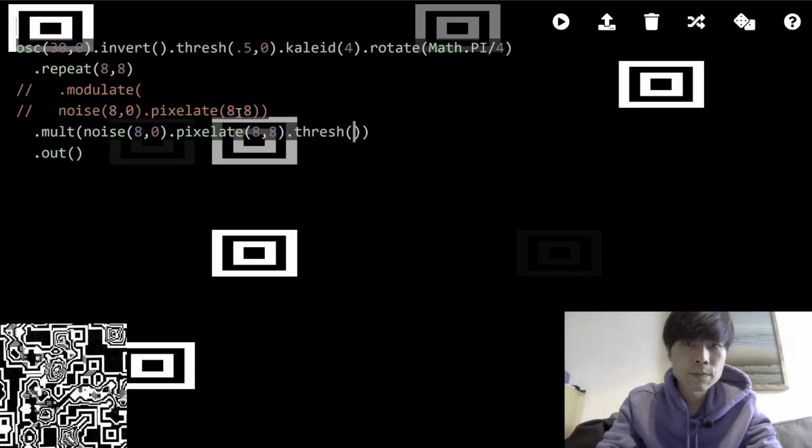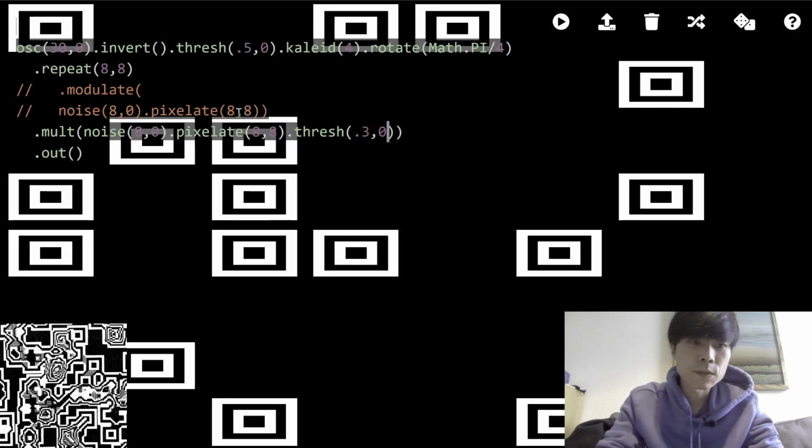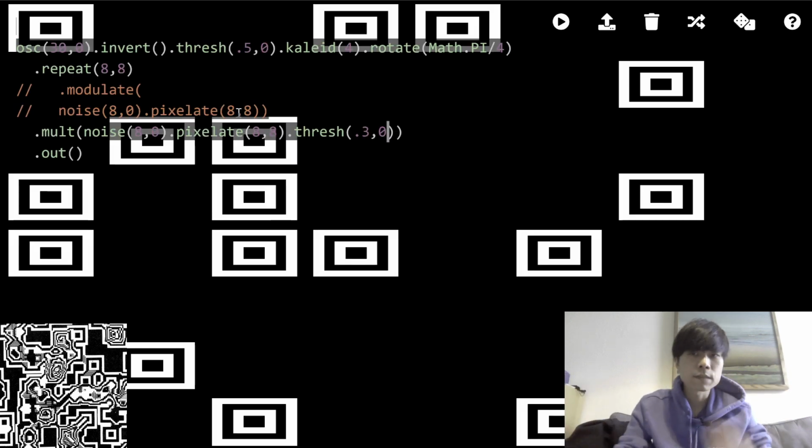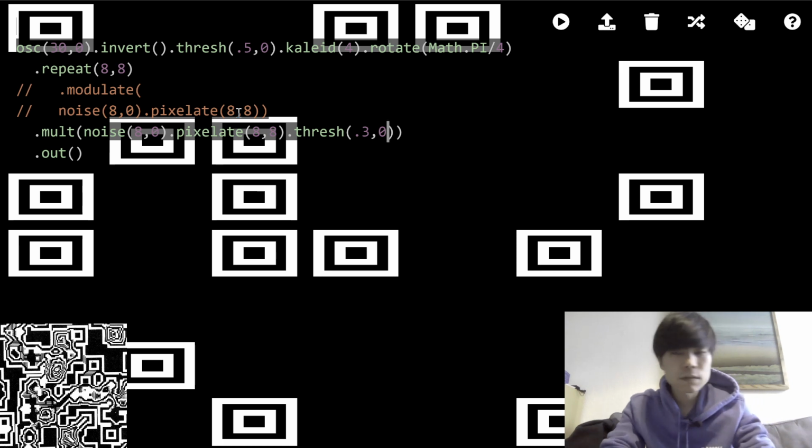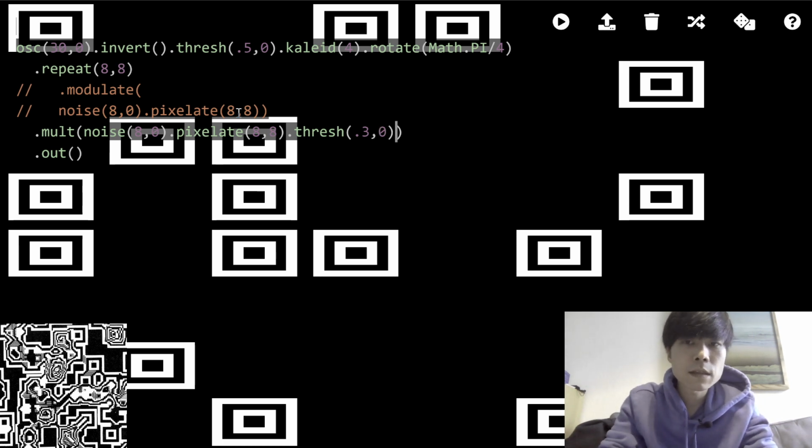So I don't know, just arbitrary numbers. So some parts are black, some parts have these blocks, which is not exactly how it should be, but let's say this is okay. And then I think one thing, either modulate or modulate pixelate, but I would go with modulate pixelate for now.